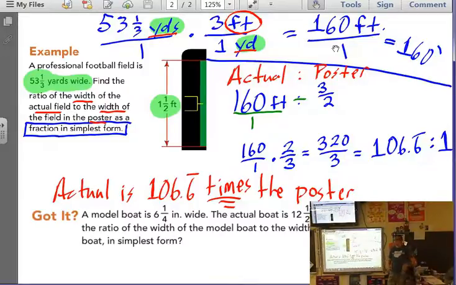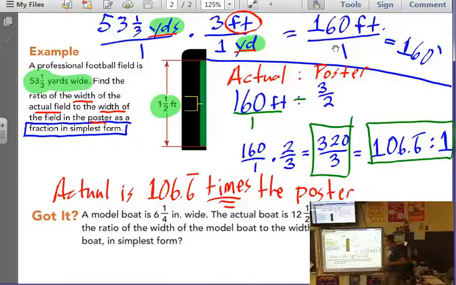Oh, wait, never mind. Now, I could leave this right here and use the ratio 320 to 3, because this reducing isn't really that simple. And since it said fraction in simplest form, we could just leave it here.